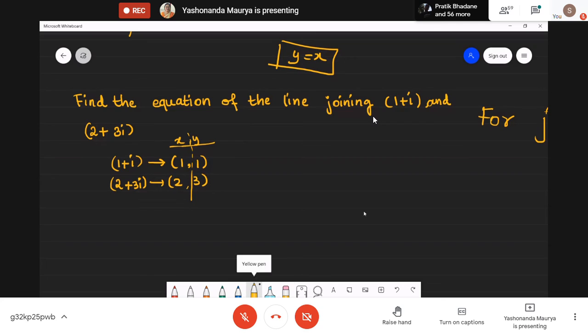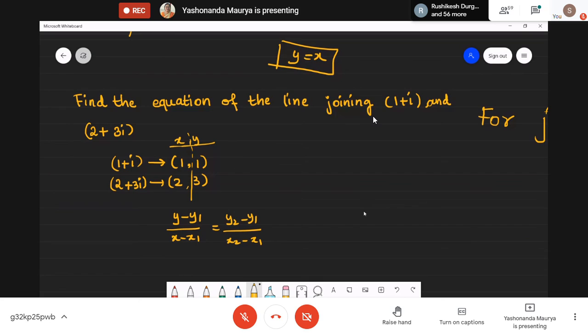Now see this. What will be the equation over here? Let us write down the equation. I can use the same concept: y minus y1 divided by x minus x1 is equal to y2 minus y1 divided by x2 minus x1.